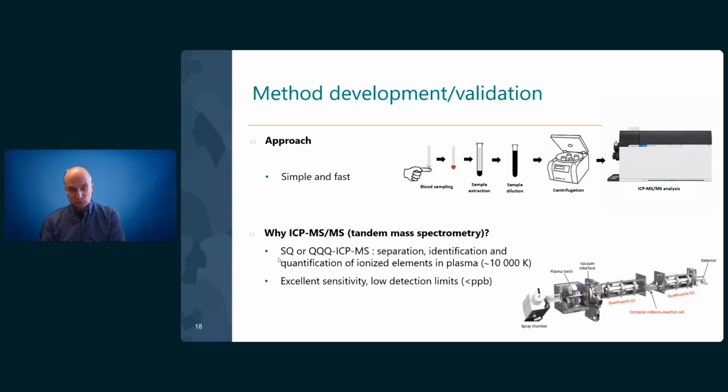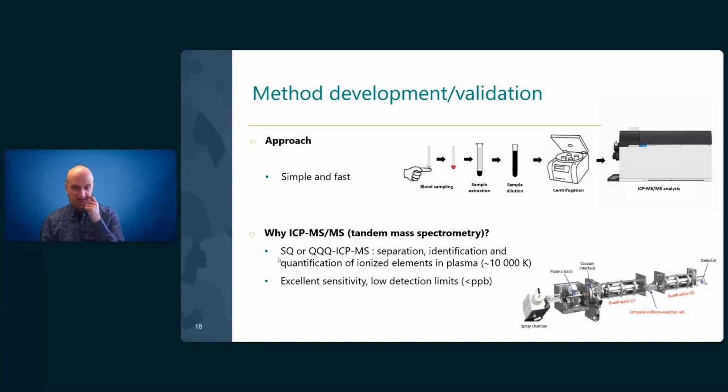So why do we use ICP-MS or tandem mass spectrometry? Well, first of all, for those who are not familiar with inorganic mass spectrometry, either single quad or triple quad ICP-MS allows to separate, identify and quantify the elements in the plasma.